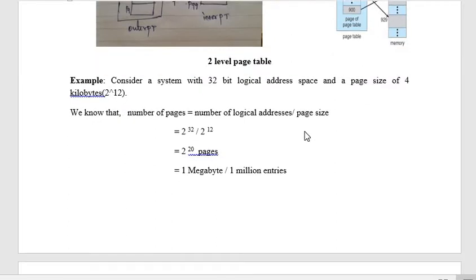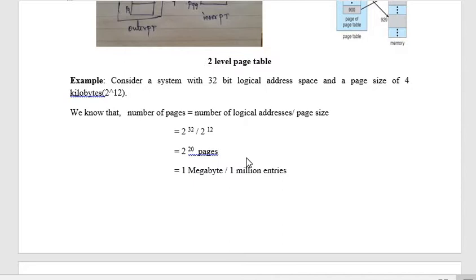Now let us consider an example of how the hierarchical way of representing the page table, dividing it into smaller page tables, would conserve space. Consider a system with a 32-bit logical address space and a page size of 4 kilobytes. We already solved problems on this.